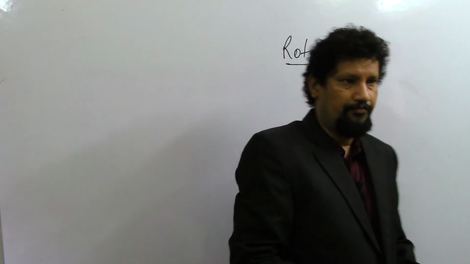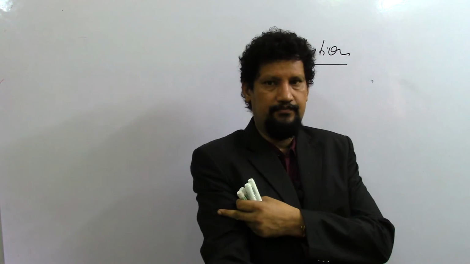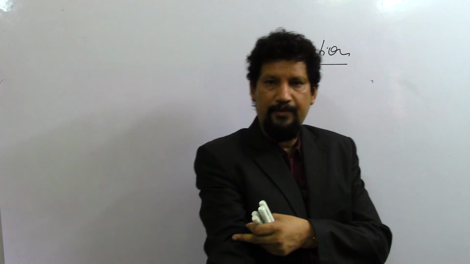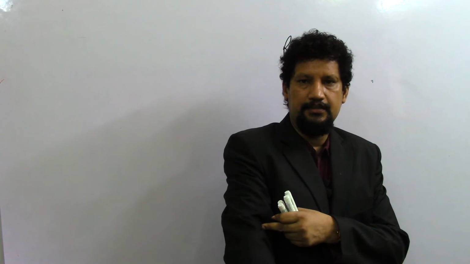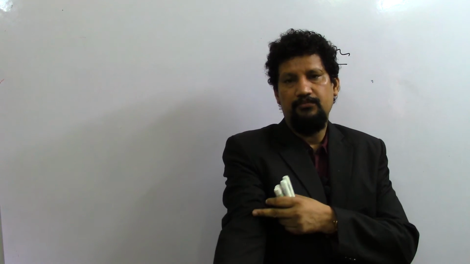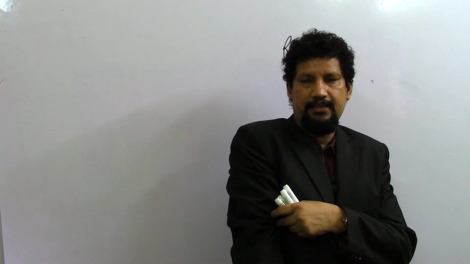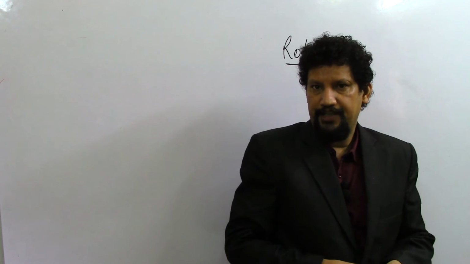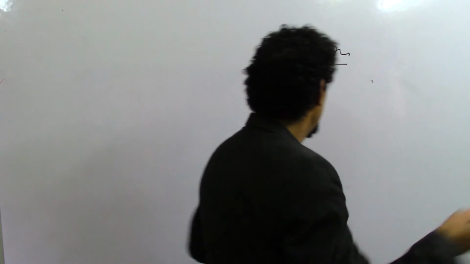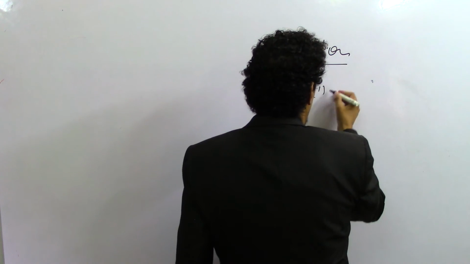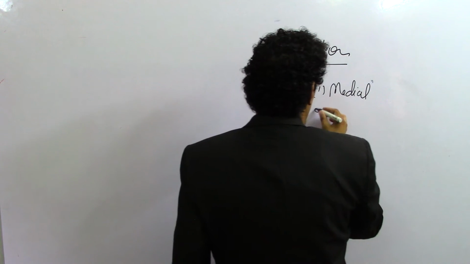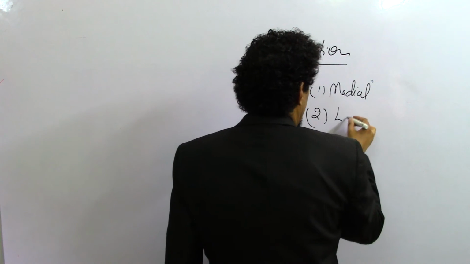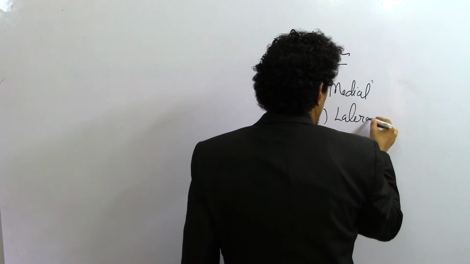When the flexor part is moving medially and this part becomes medial after the movement, this is the medial rotation. So there are two types of rotations: medial rotation and lateral rotation.